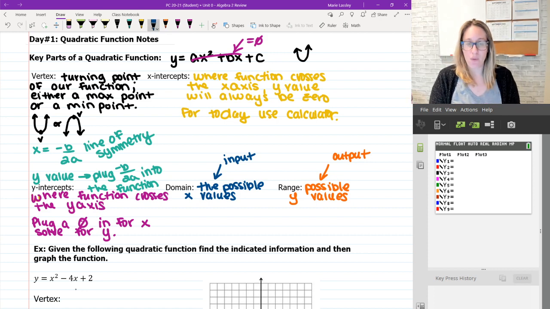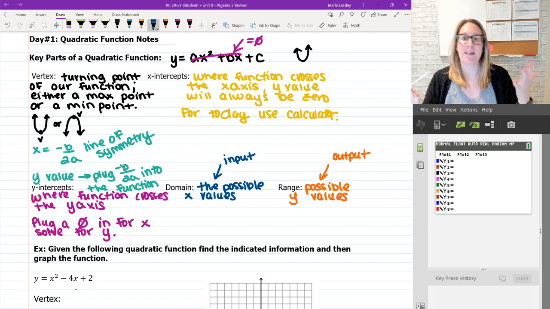Now, when we write domain and range, there are many ways you can write them, and depending on who your Algebra 2 teacher was last year, you might write them in a specific way. But I have talked to both the regular Calc teachers and the AP Calc teachers, and they have one standard way they like you to write your domain and range, and it's a technique called interval notation. It's actually super easy.